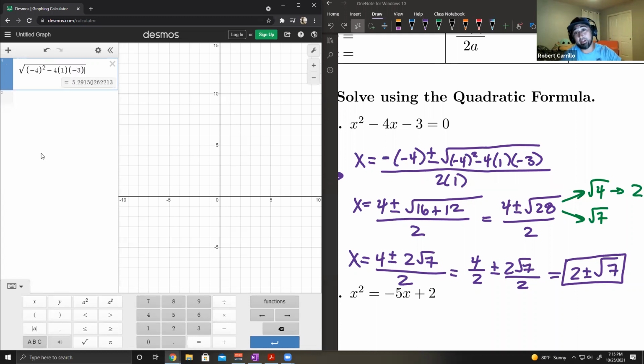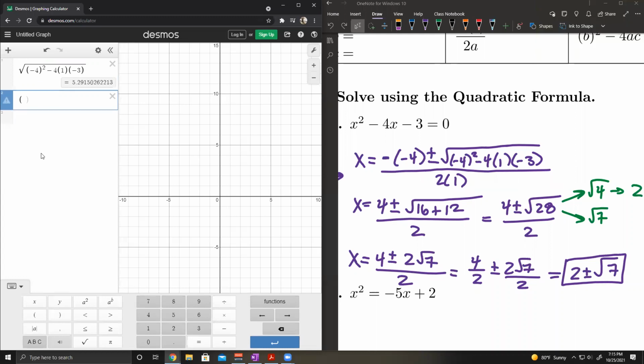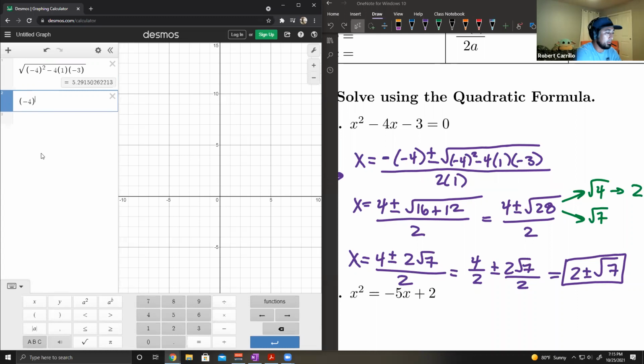But if your calculator doesn't break it down for you, then you're going to be left with a bunch of nasty decimal numbers. So maybe try it without the square root first and just do the inside first: -4 times 1 times -3, and there's the 28 that we got in our calculation earlier. So like I said, you can follow the above and do it step by step, especially if you're using a calculator. But for these examples, we don't have to break them into decimal numbers.